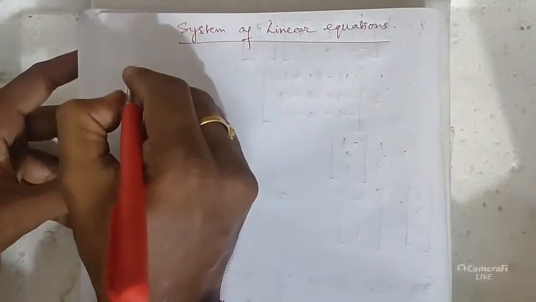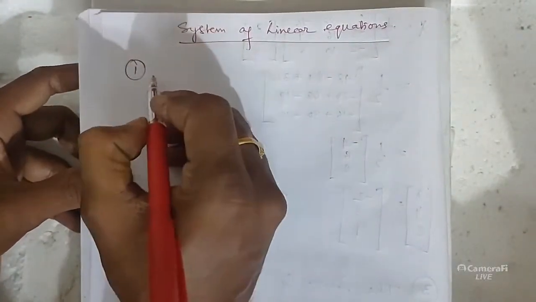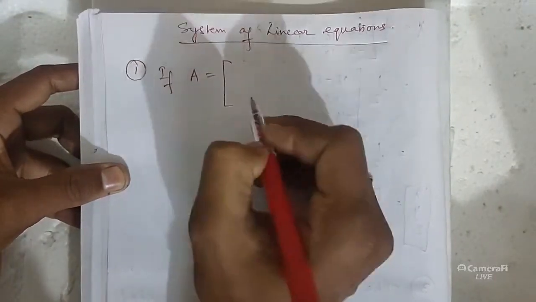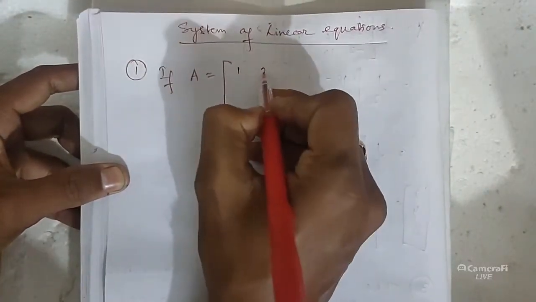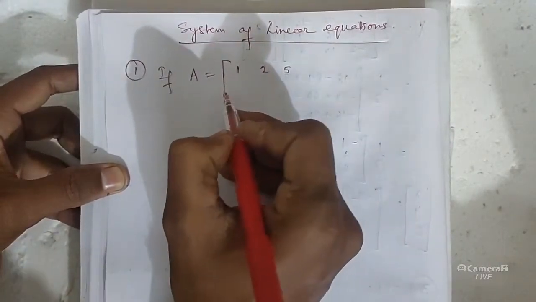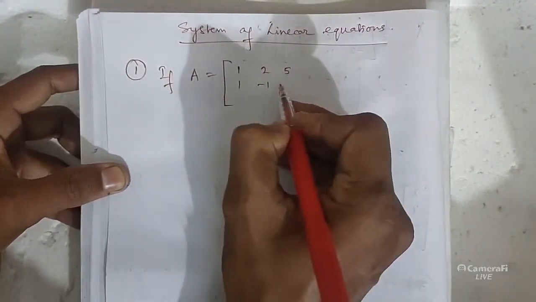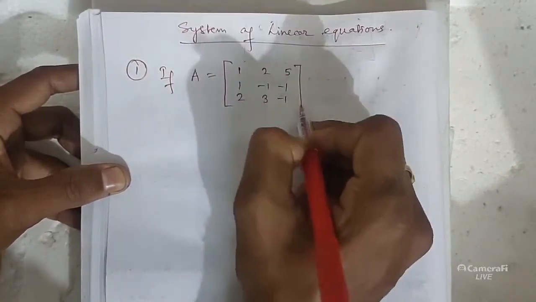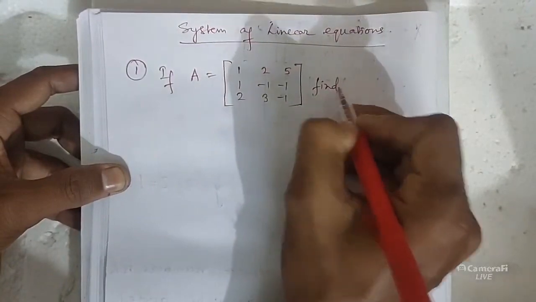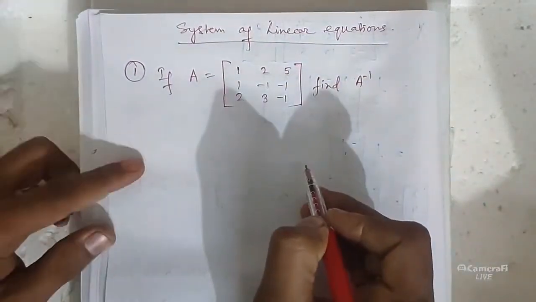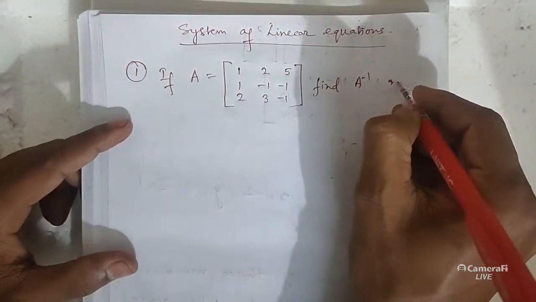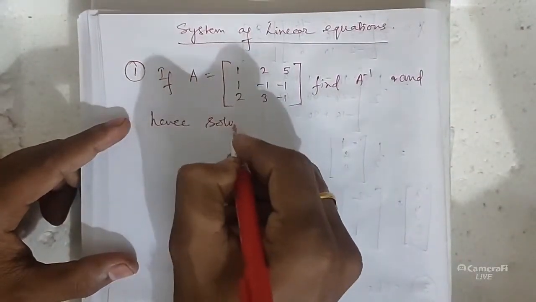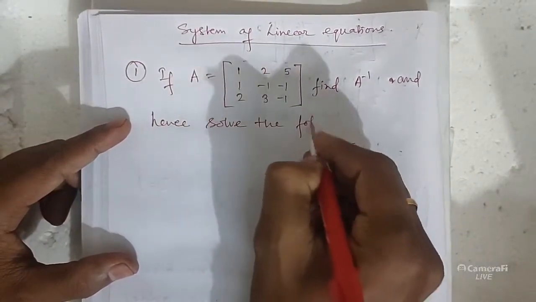So here is the first question. If matrix A is equal to [1 2 5; 1 -1 -1; 2 3 -1], find A inverse and hence solve the following equations.